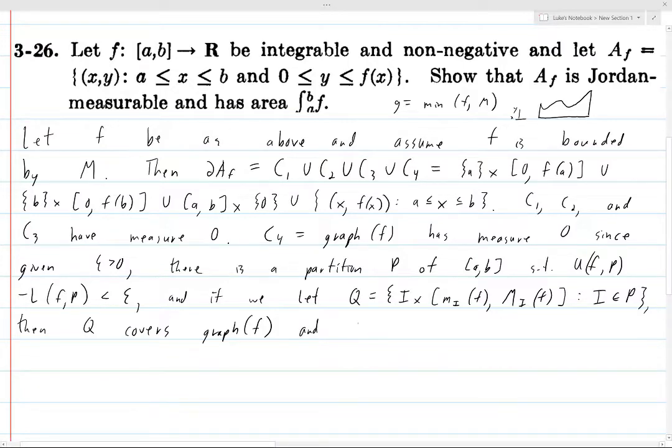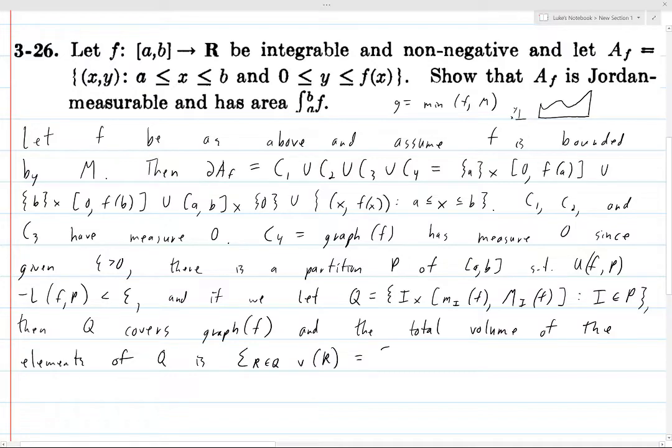and the total volume of the elements of Q is, well, you take the sum over all, let's call it, rectangle R in Q, the volume of R. But every rectangle R in Q is of the form I cross [m_I(f), M_I(f)].